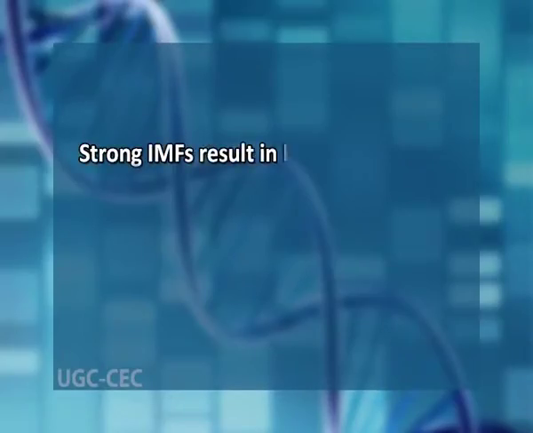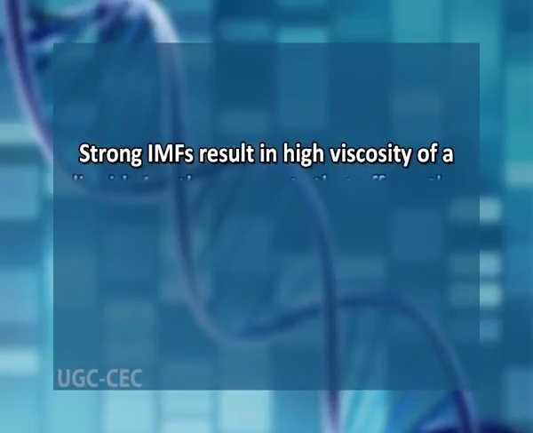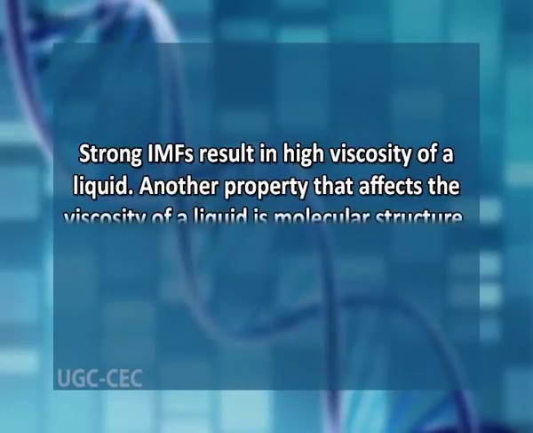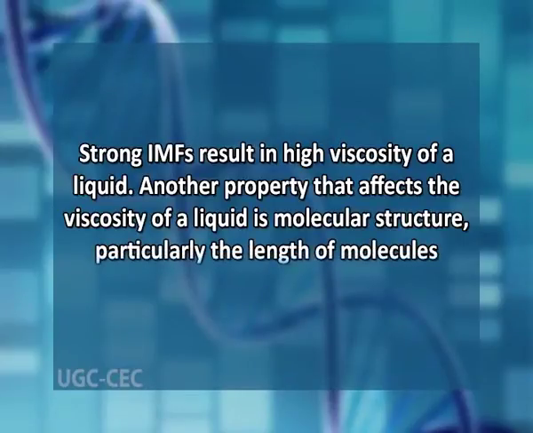Like surface tension, viscosity is not highly predictable based on other properties of a liquid such as boiling point, but it does depend on intermolecular force strength. In general, strong intermolecular forces result in high viscosity of a liquid. Another property that affects the viscosity of a liquid is molecular structure, particularly the length of molecules.